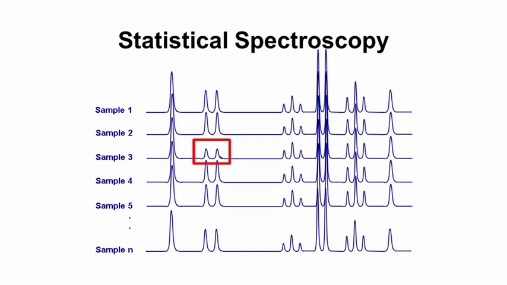So statistical spectroscopy often begins with stacking your spectra together to look to see how things are aligned and how they look. But it can use or involve many other components to identify interesting features. And again, the role of statistical spectroscopy is not necessarily to identify compounds, but to identify features or coordinates or X and Y positions in the spectra that distinguish several spectra or one spectrum from another.